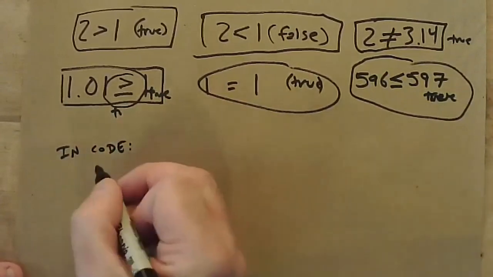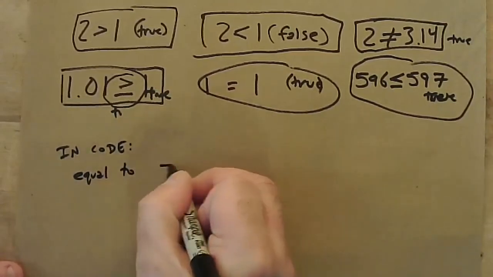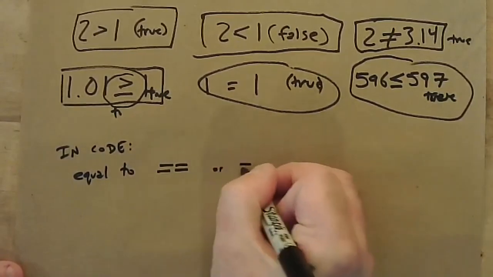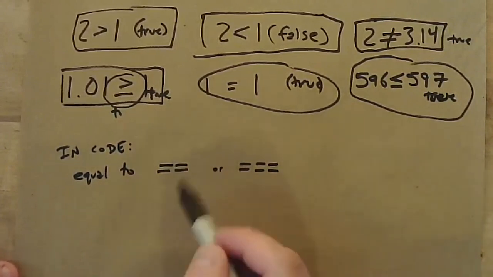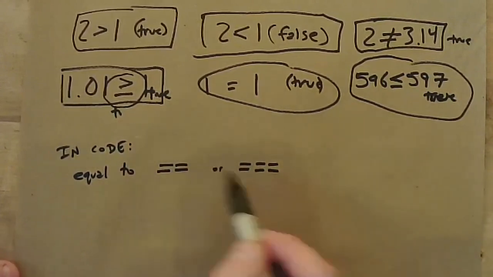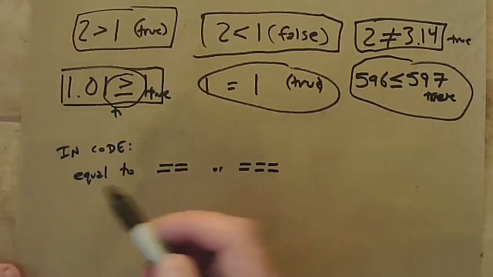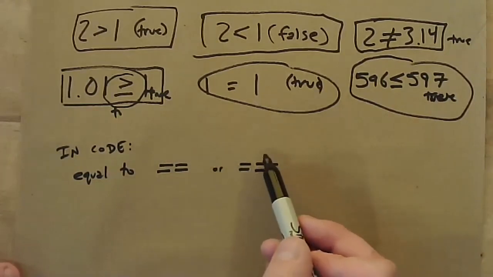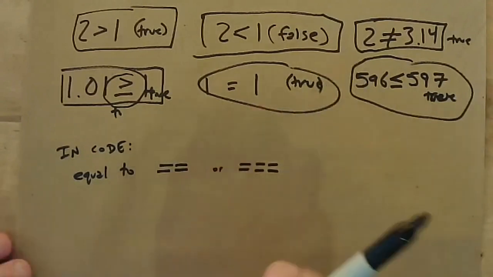So in code, equal to looks like this: double equal sign or triple equal sign. We'll get to the difference between these in a little bit, so don't worry too much about that at the moment. But basically, you can just know that triple equal sign is more stringent than this one. It's about data type, so we'll get to that once we've talked about data types.